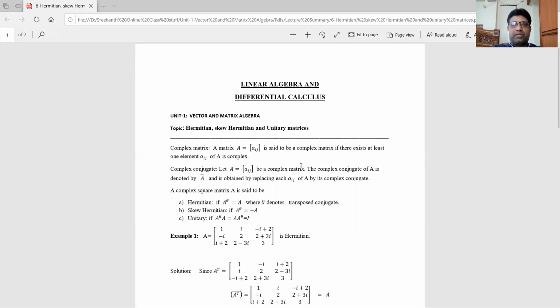Now coming to its conjugate. Suppose A is a complex matrix, and the complex conjugate of A we represent with the symbol A bar.